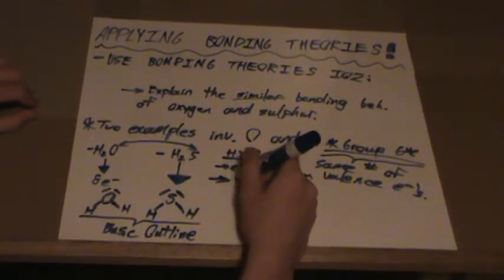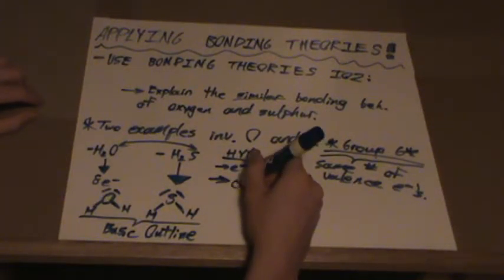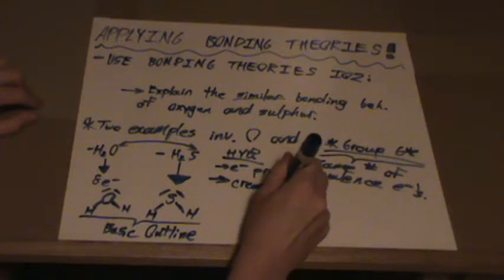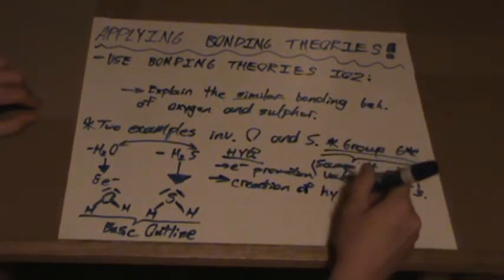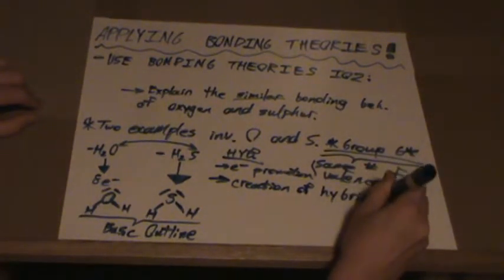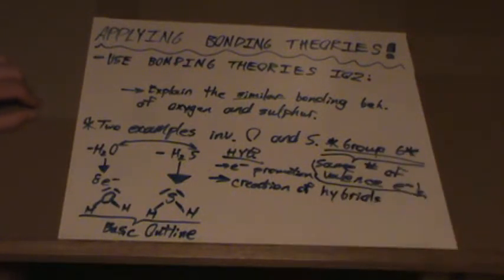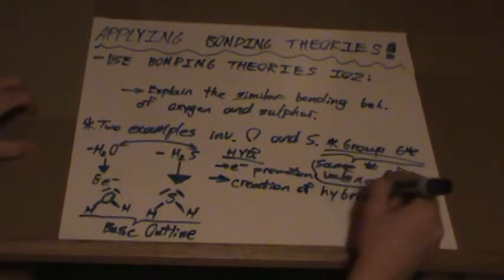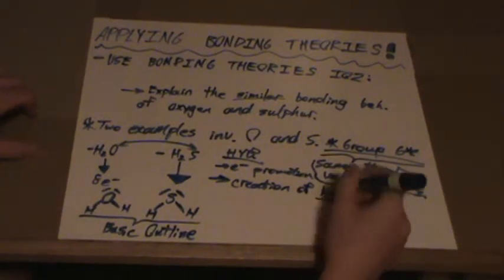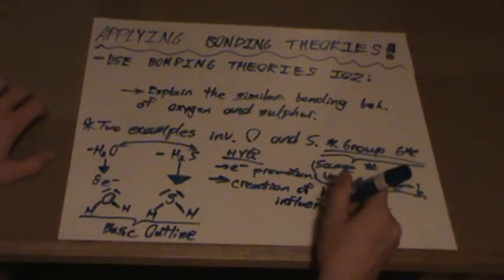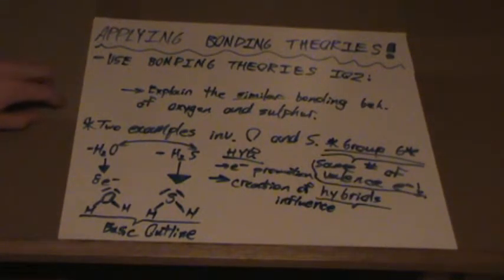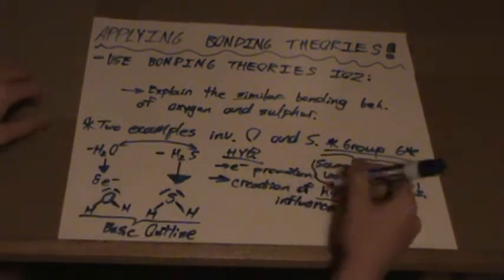So electron promotion, and then the display of, so creation of hybrid orbitals, hybrids, let's just call them hybrids, but we know they are hybrid orbitals, and hybrid orbitals are orbitals that are ready to bond, or at least ready to influence molecular geometry through repulsion, because as we know, these are sigma bonds, or at least lone pairs that may lie in hybrid orbitals that may influence molecular geometry.